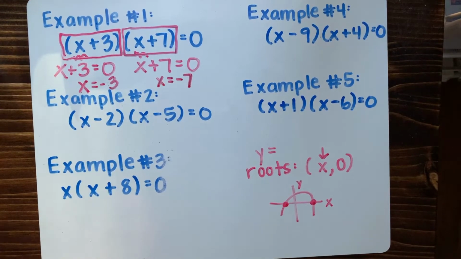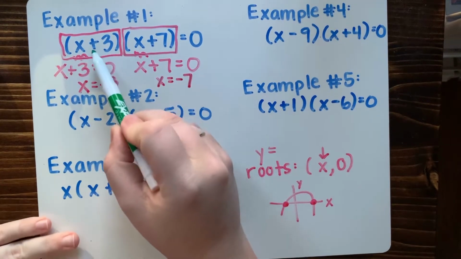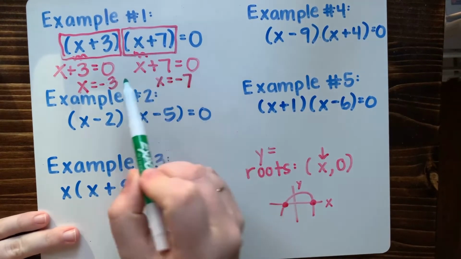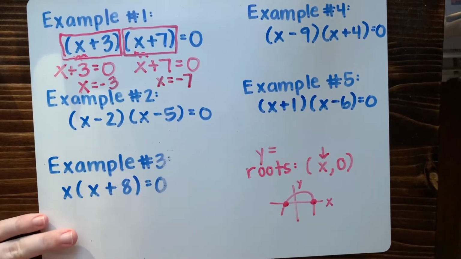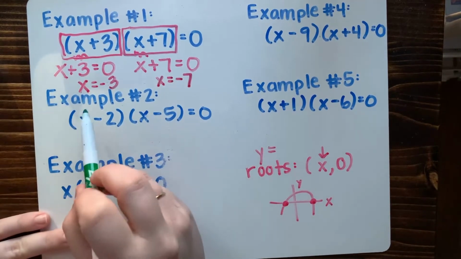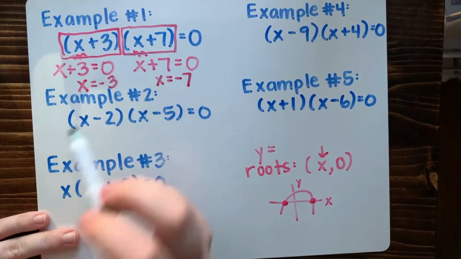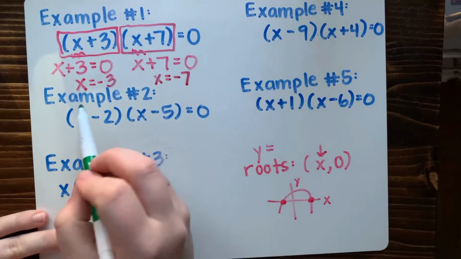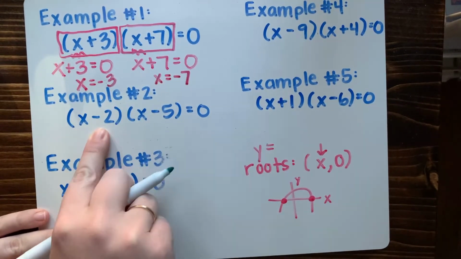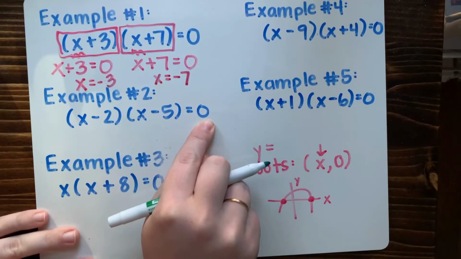So let's look at another example. That was a time where we had two factors, both plus. We ended up with two negative roots. Example number 2, x minus 2 times x minus 5 equals 0.